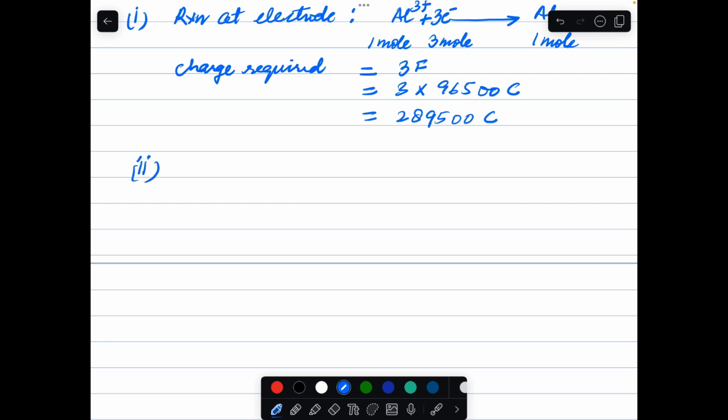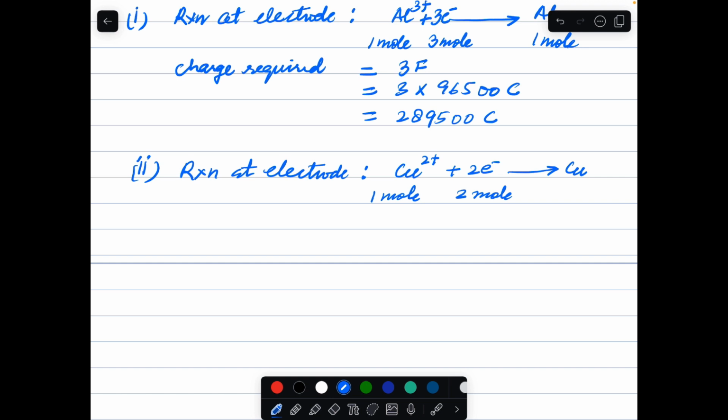In the second part, the reaction at electrode is given as again reaction at cathode, because reduction process. So reaction is given as your copper ion, that is cupric ion or Cu2+ ion, are undergoing reduction by gaining electron to give you metal. Now again here, if we have 1 mole of copper ion or cupric ion, we require 2 mole of electron, because 1 ion requires 2 electron, and we will be getting 1 mole of the metal.